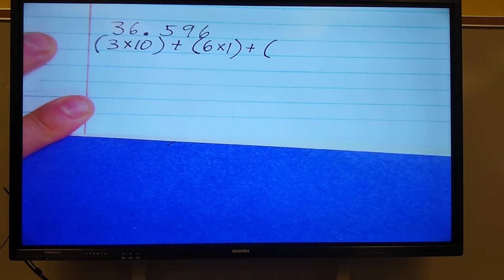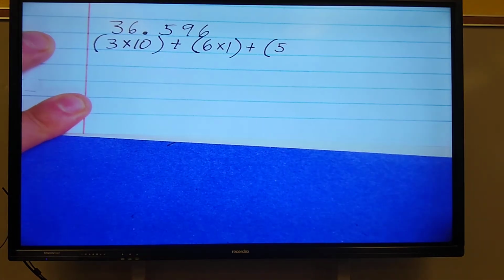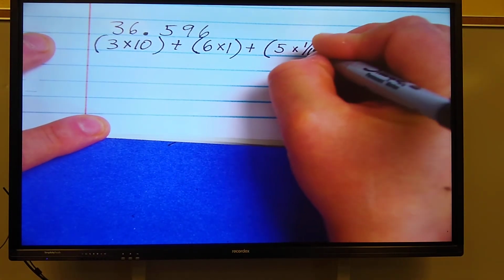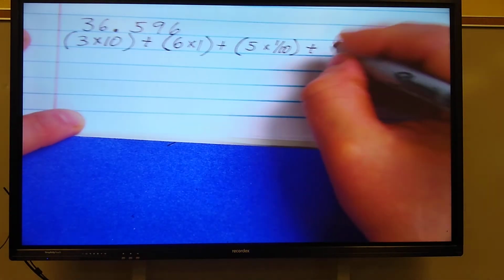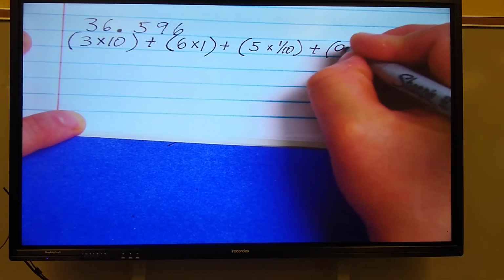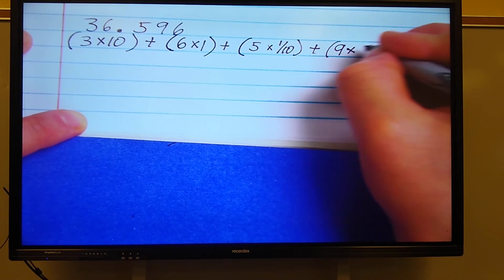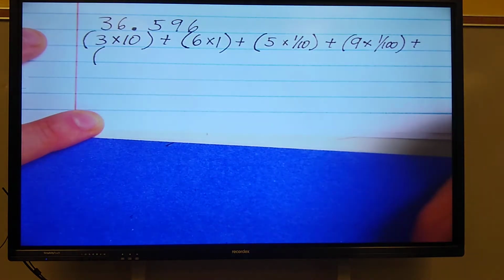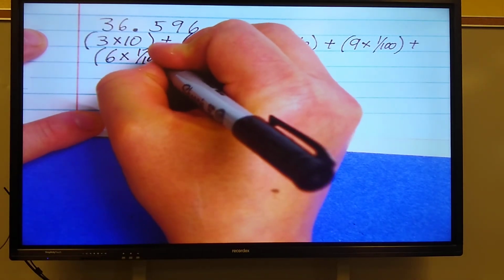Don't forget your parentheses. We got a 5 here. 5 is in the tenths place. So 5 times 1/10. Plus the 9. The 9 is in the hundredths place. So 9 times 1/100. Plus, and we've got 6 times 1/1,000.